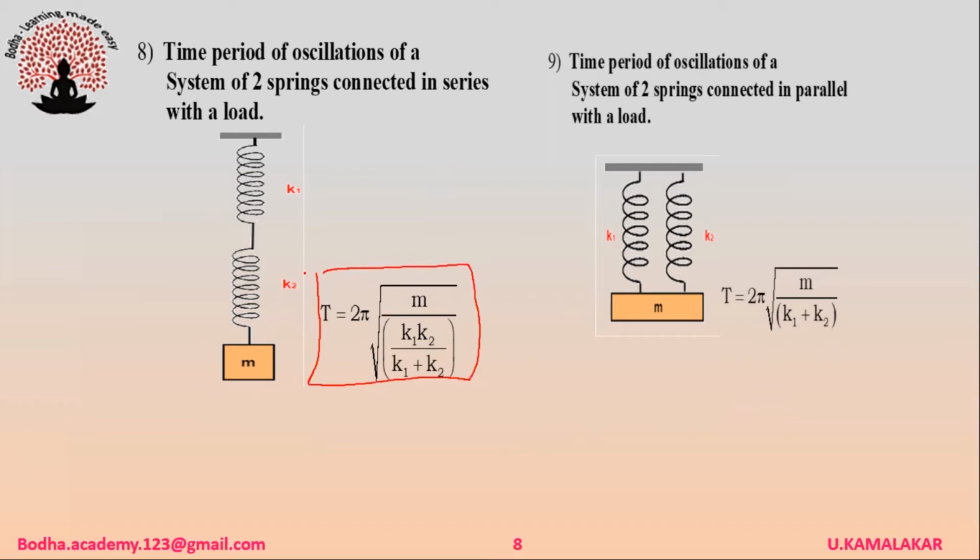When connected in parallel with a load, it is given as T equals 2 pi into under root m by (K1 plus K2).